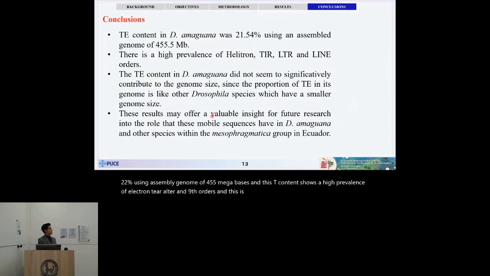This is important because this is the first study in Ecuador and in other mesoamericana species group, and it is probably an important starting point to allow more analysis and more research to understand the relationship between the TE content and the genome. These results may offer valuable insight for future research into the role of all these mobile sequences in Drosophila amaguana and other species that inhabit Ecuador and the Andean forest.